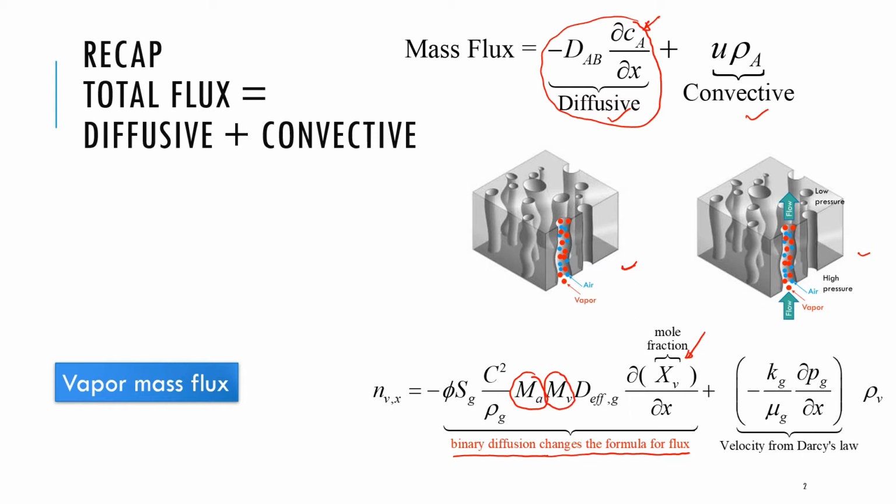So the first part is due to diffusion of vapor in air, which is Fick's law rewritten for binary diffusion.